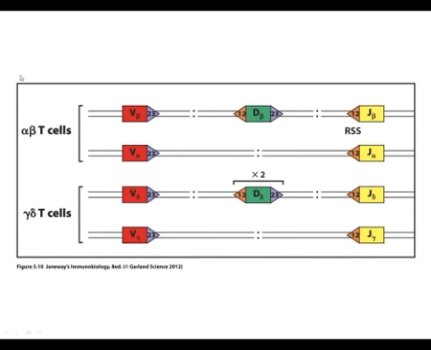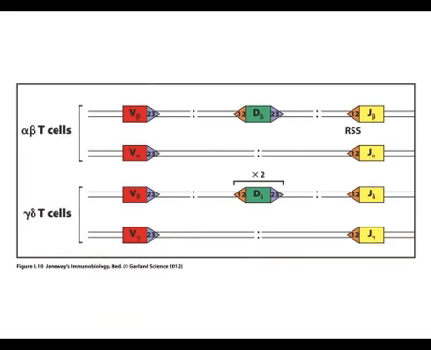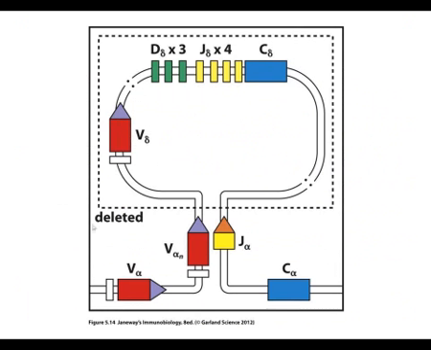Interestingly, remember there's not only alpha beta T cells, although this is upwards of 95 or more percent of all T cells in the body, but then there's also these gamma delta T cells. So this is just one interesting tidbit that may be worth memorizing, that the delta locus is actually found within the alpha chain.